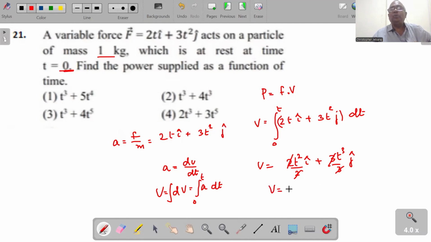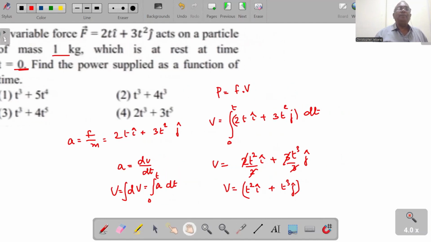So v will be equal to t squared i plus t cube j. This is v. Our aim is to find F dot v. We know the F value. So our aim: power is equal to F dot v.